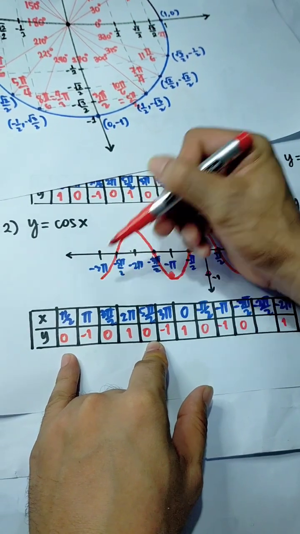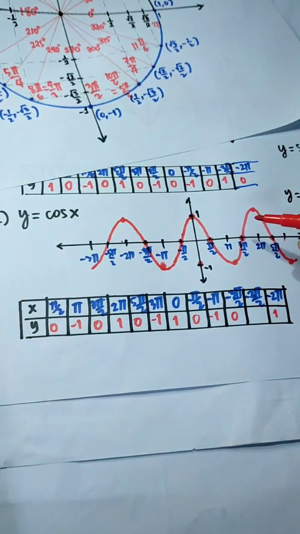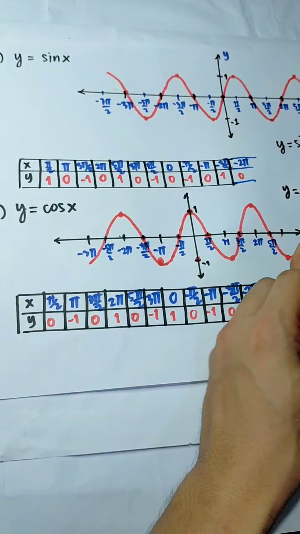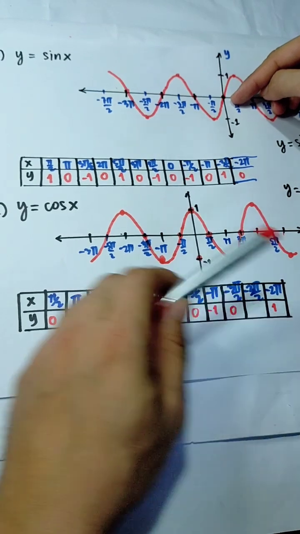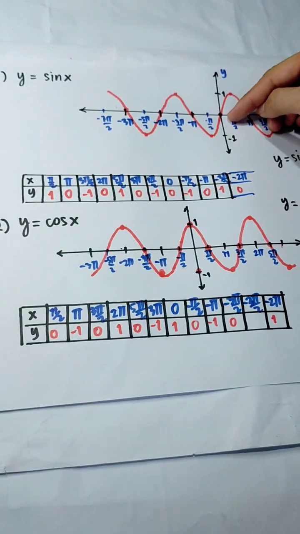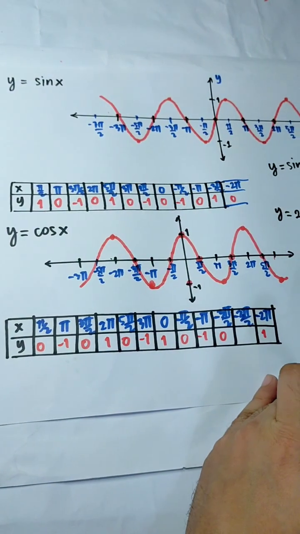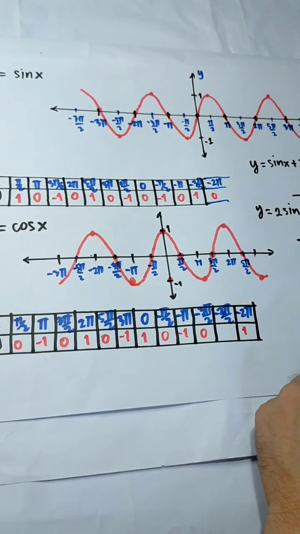So this is our cosine function. It's quite different from the sine function because the sine intercepts with the origin, while the cosine intercepts with y equals 1.